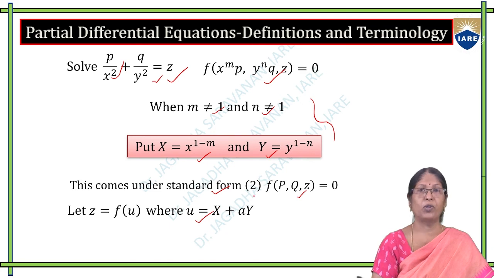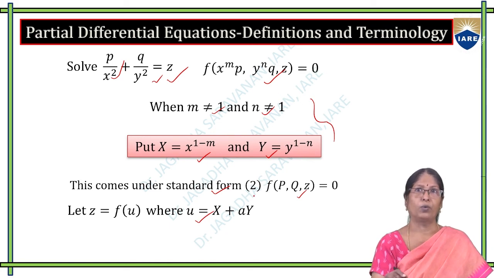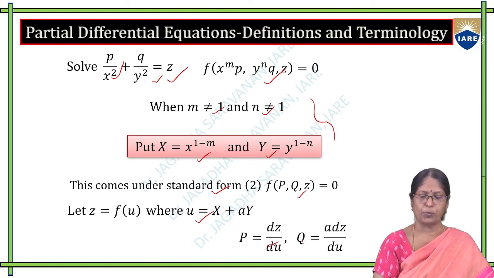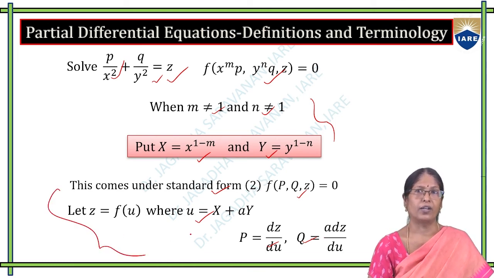This is standard form 5, which is reduced to standard form 2. So these are the conditions for p and q, and we will substitute. Complete, this is the terminology regarding standard form 2.